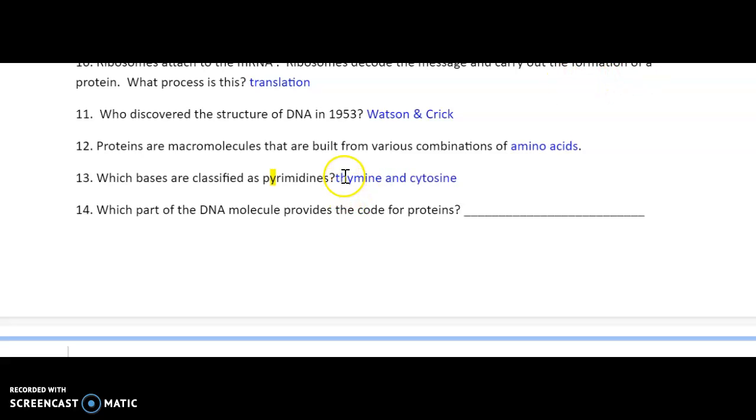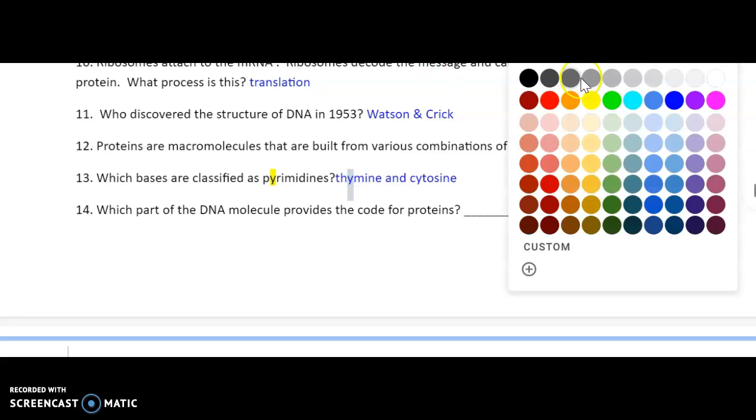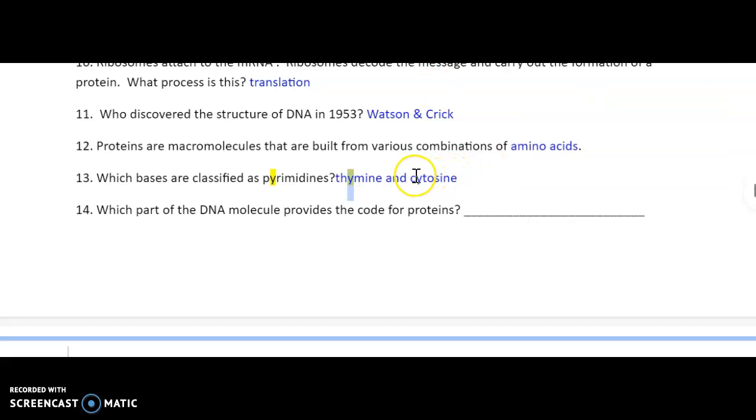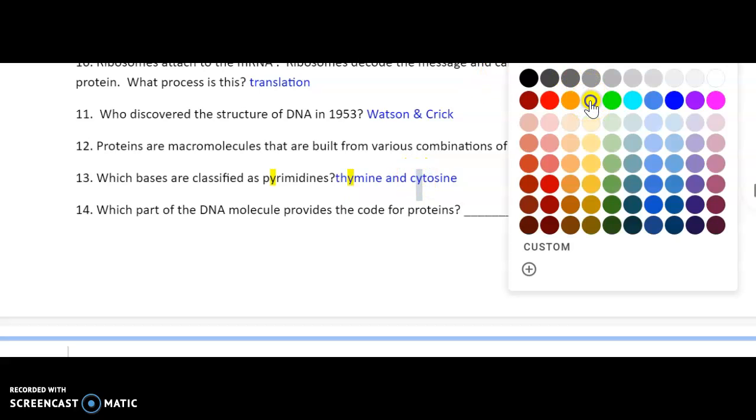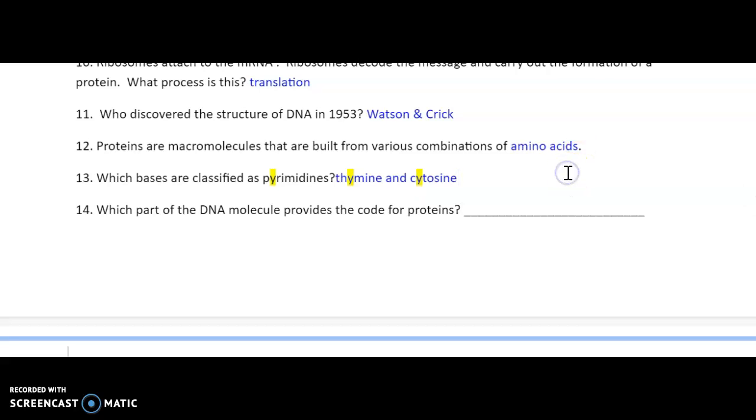Y's go together. There's a Y in pyrimidine. There's a Y right there in thymine. And there's a Y right there in cytosine. The other 2 would be purines. Adenine and guanine are purines. And then thymine and cytosine are pyrimidines.